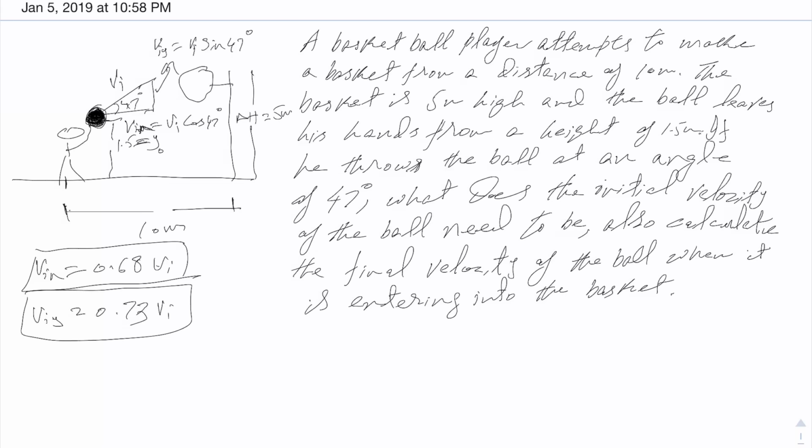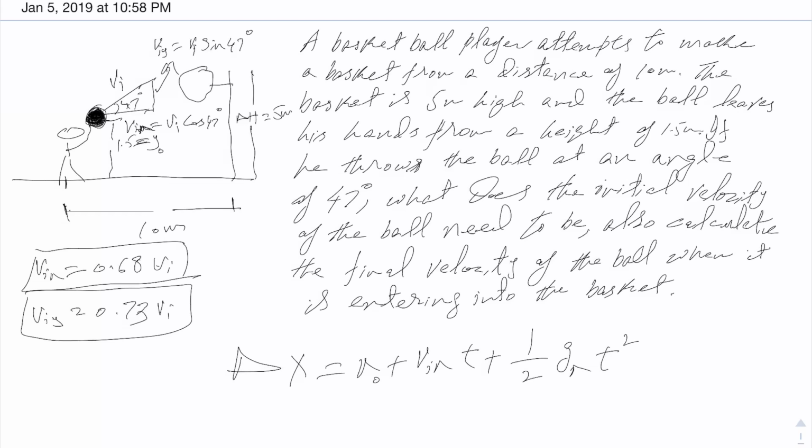So we need to use a kinematic equation, delta x equals x naught plus vix t plus 1/2 gx t squared. What is x naught?